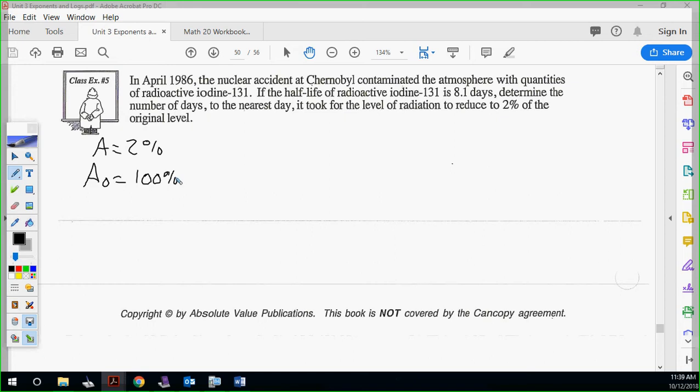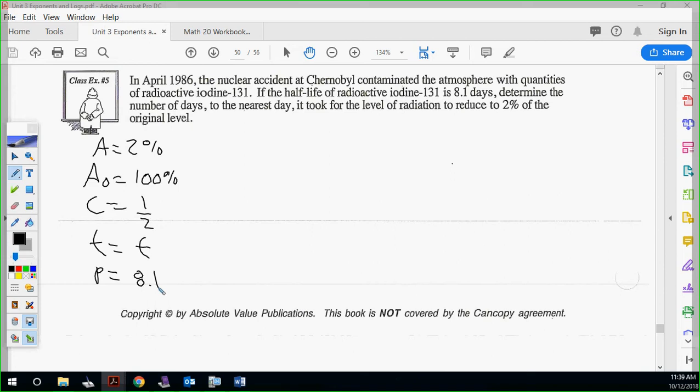We know it's a half-life. We don't know T, but we know the period is 8.1, and that's in days. Good work.